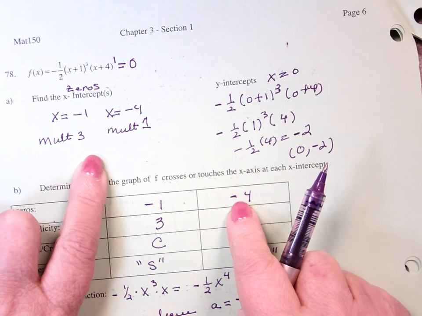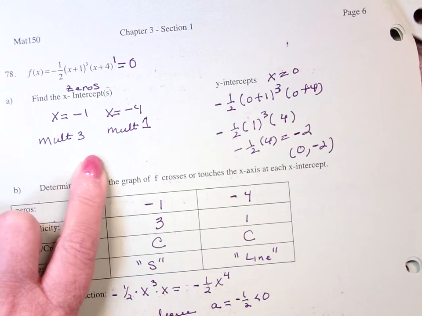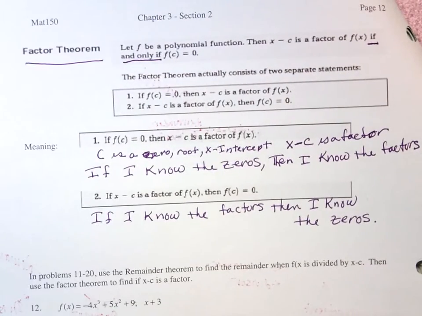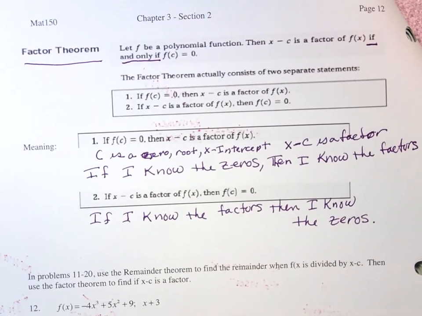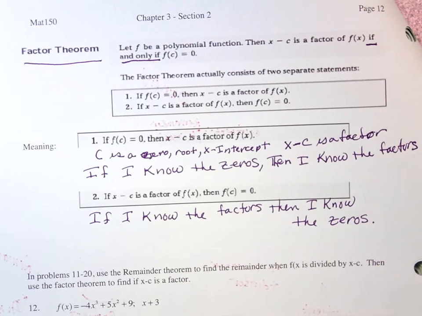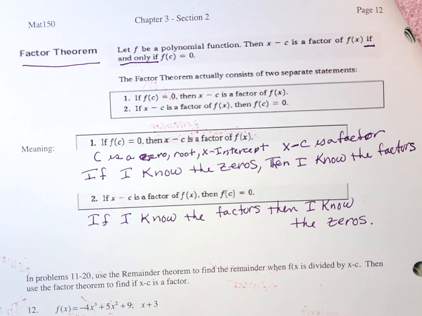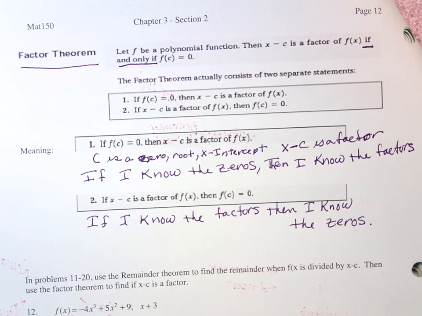That's this theorem in a nutshell. If I know the zeros, then I know the factors. If I know the factors, then I know the zeros. The factor theorem. We've already used it without knowing that we've used it.